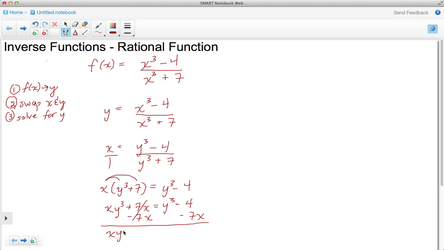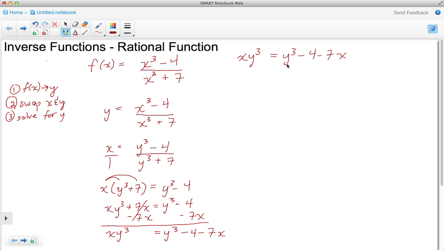Here I have xy to the third is equal to y to the third minus 4 minus 7x. Matter of fact, let me rewrite this here at the top so everything's together as I continue. So that's x y to the third is equal to y to the third minus 4 minus 7x.